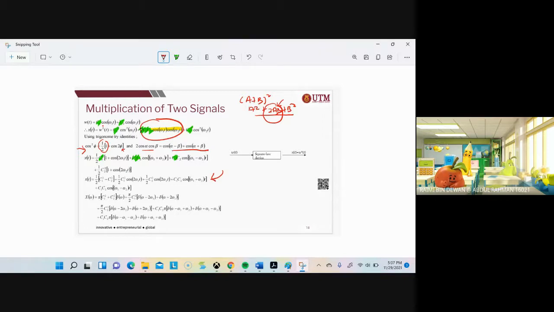in time domain, of course. Then you convert it to your frequency domain. This is actually quite direct, very direct, but the problem is it is tedious.